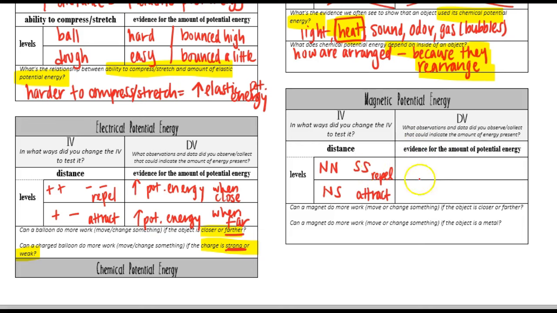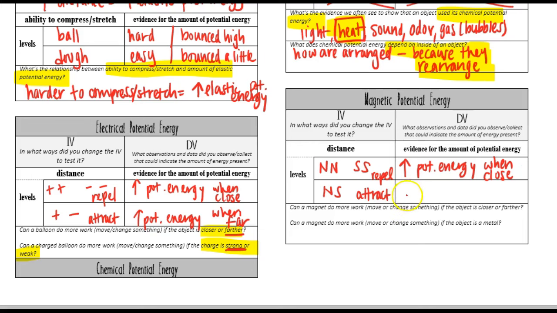So if I have these two magnets together and I want to increase their potential energy, where should I put them? Well, if I'm going against their nature, they want to be apart. So if I put them really close together, and I'm sure you probably tried this before, hopefully in the lab, when you put them really close together, you notice that if you let go, they shoot apart from each other. You've given them a lot of energy because you had to force against their nature to get them there.